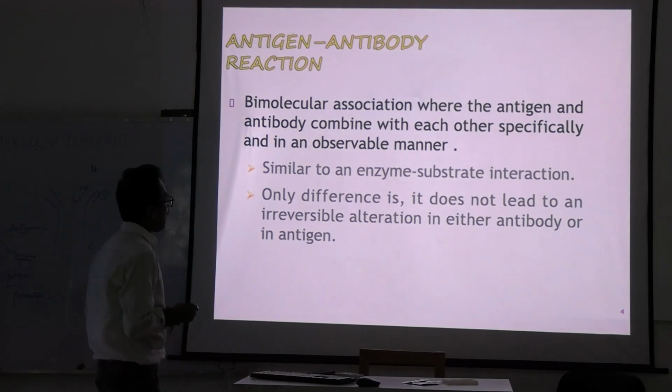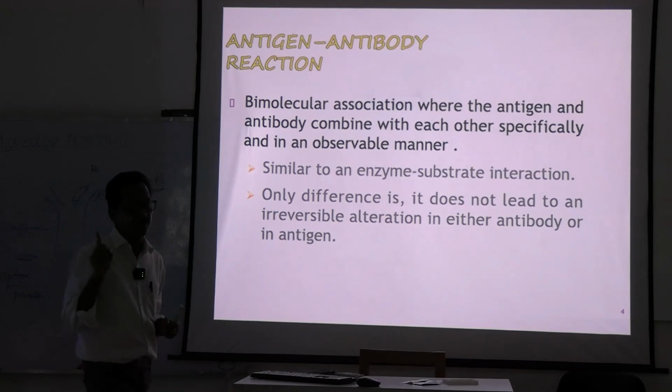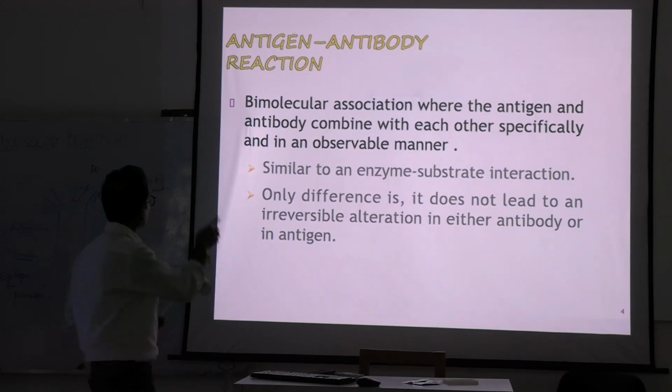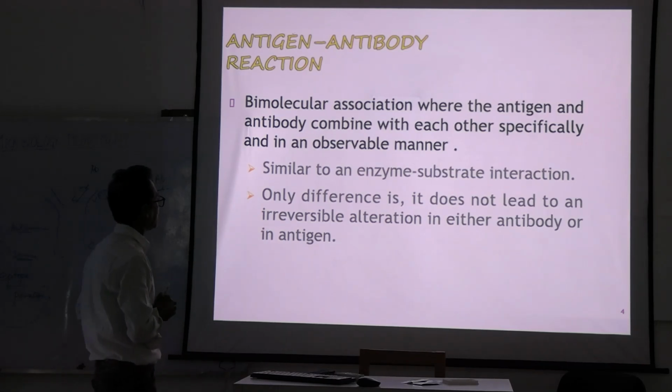Antigen-antibody reaction: bimolecular, antigen and antibody combine with each other specifically. This is another point: the reaction is very specific, so only the specific antibody will react with a particular antigen. Next, like an enzyme substrate reaction, it does not lead to an irreversible alteration.